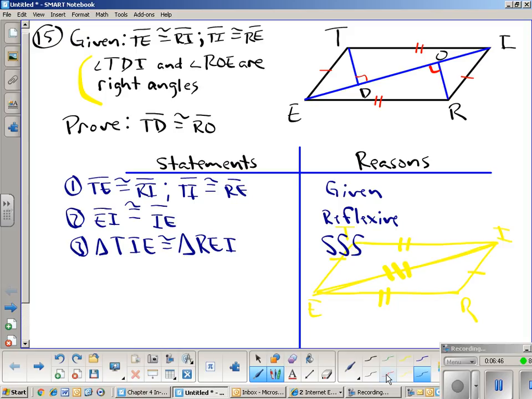Let's go back with the red pen here, and let's identify where is segment TD and segment RO. Segment TD, that's this one here, isn't it? And segment RO is this one here, right?